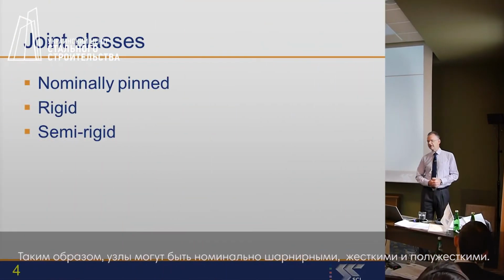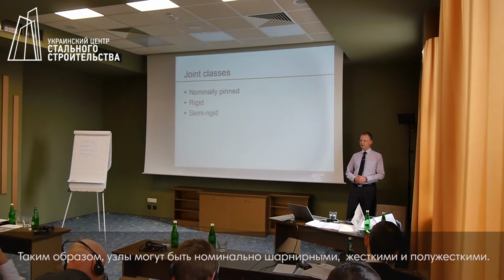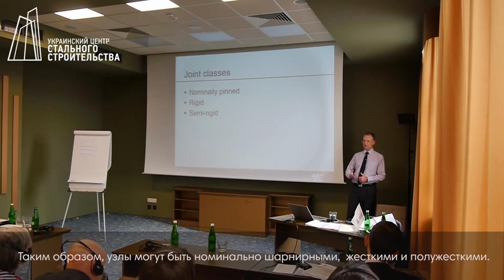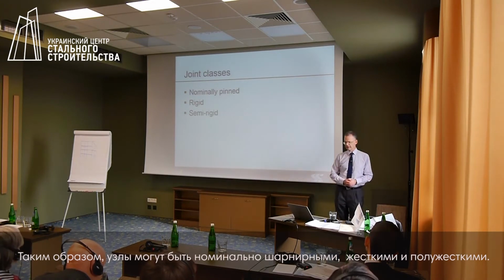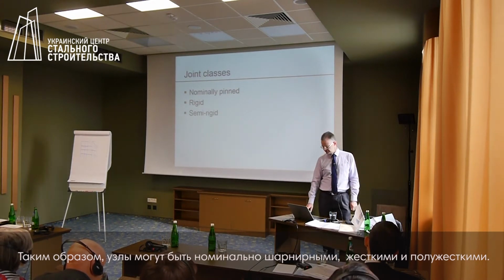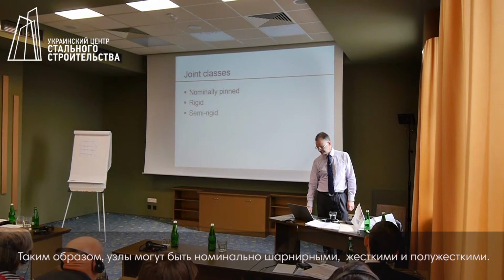And when we classify a connection, we might find that the joint is nominally pinned, or at the other extreme, we might find it's rigid, or perhaps you would refer to it as continuous, or somewhere in the middle, you would find it to be semi-rigid.